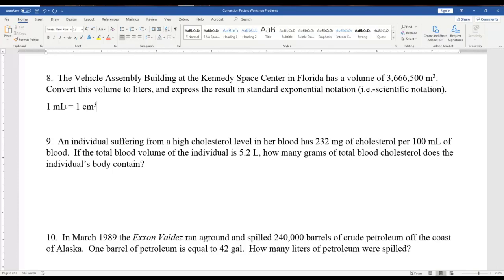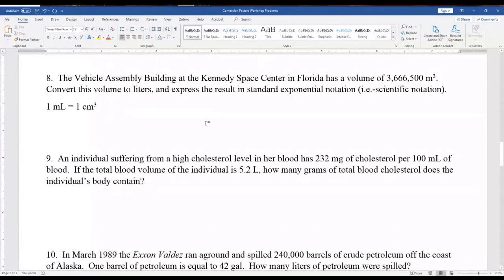Dealing with cubic units for conversions gets kind of crazy. You definitely don't want to deal with that, and you'll kind of see why in just a second. So that's why in chemistry and in other science fields, we typically prefer to use non-cubic units when expressing volumes.